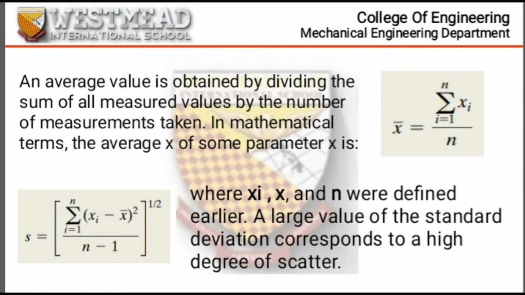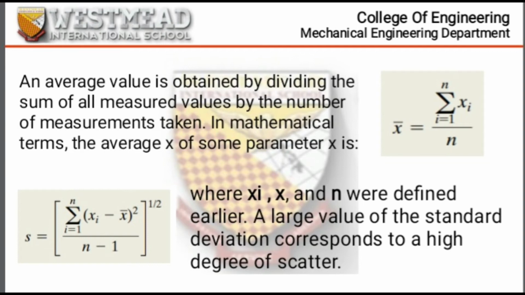So, for us to find the typical value and degree of dispersion, gagamit tayo ng computation of average and standard deviation values. So, in this one, an average value is obtained by dividing the sum of all measured values by the number of the measurements taken.